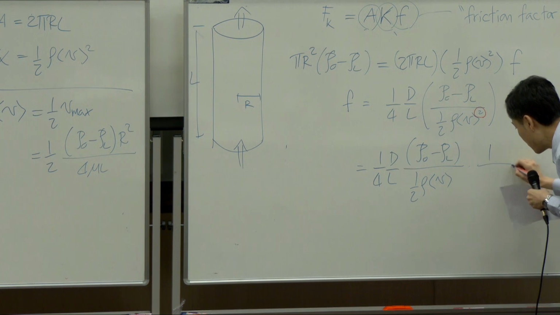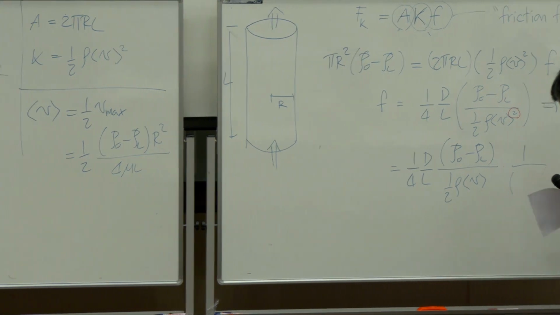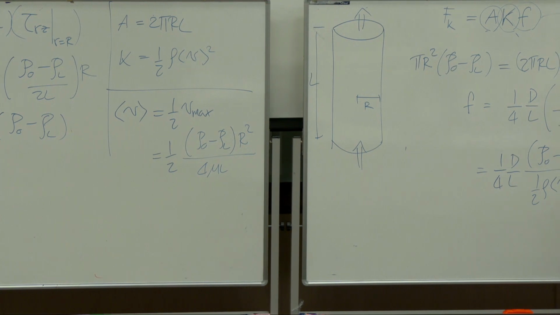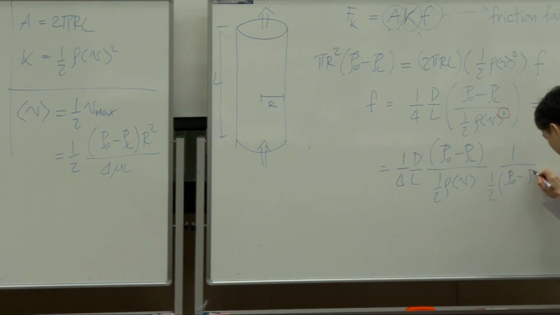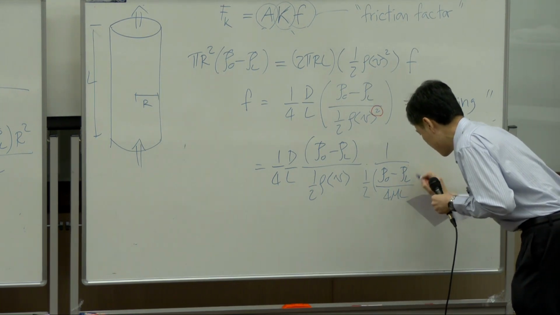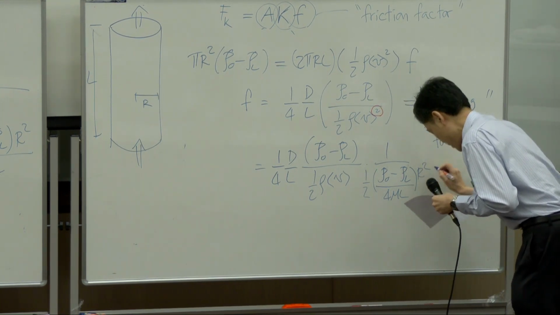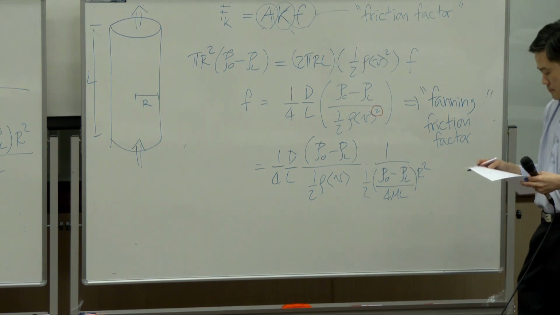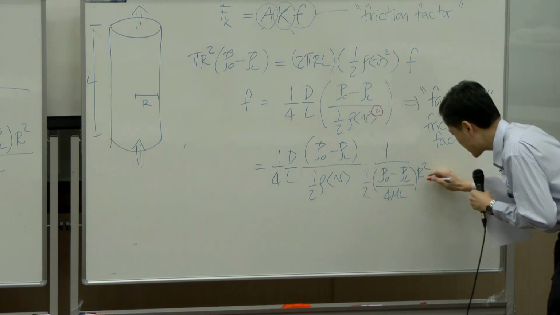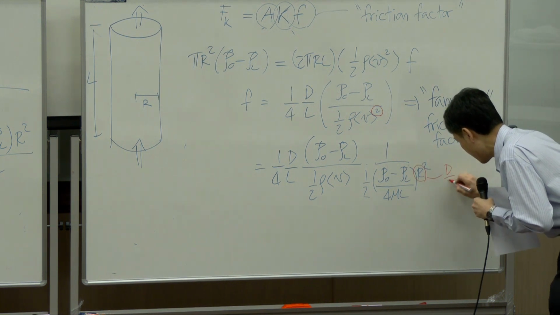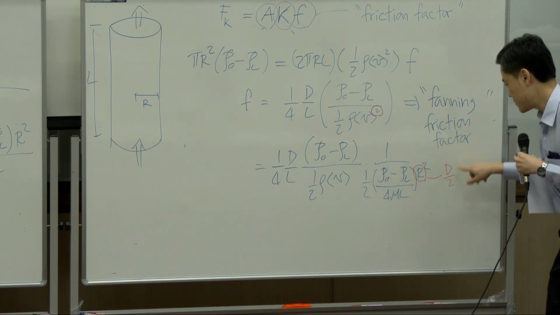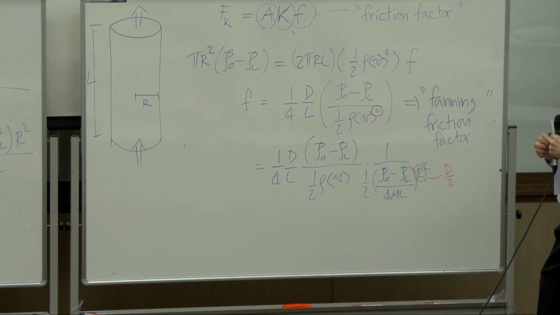So 1 over V, which is 1 over 2 (P0 minus PL) over 4 mu L R squared. Of course, R is D over 2, so this must be squared, okay?